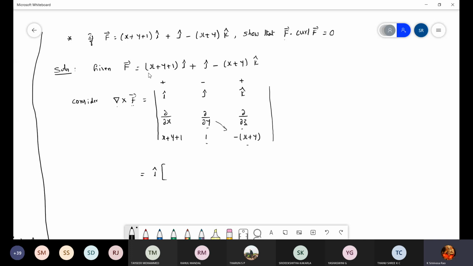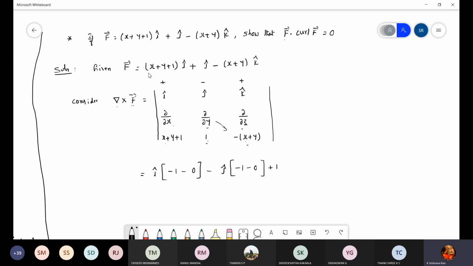Dou by dou y of minus of x plus y: x is 0, y differentiation is 1. With the negative you get minus 1, minus dou by dou z of 1, which is 0. This is i cap. Then minus j cap into: the middle column you neglect, and the first row, dou by dou x of minus of x plus y is minus 1, and dou by dou z of minus 0 again, because dou by dou z of x plus y plus 1 has no z, so it is constant and the differentiation is 0.